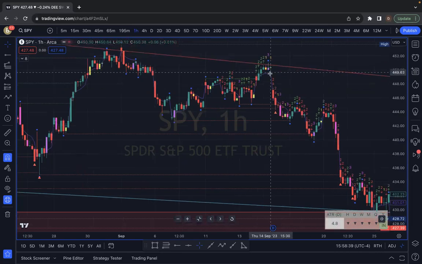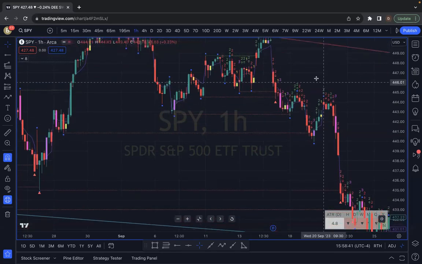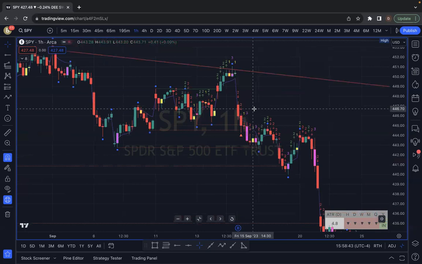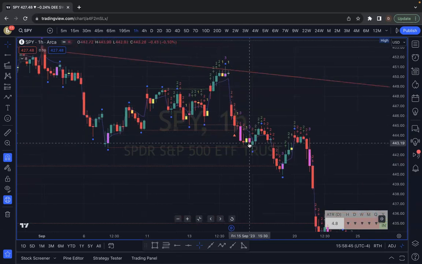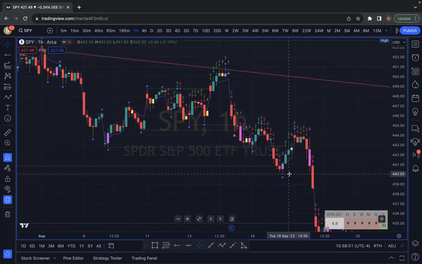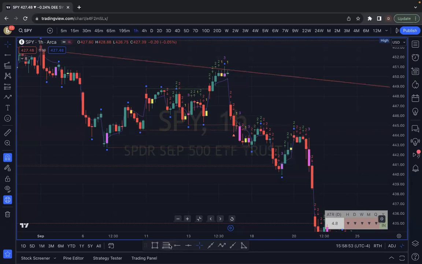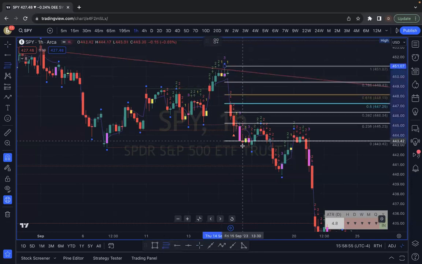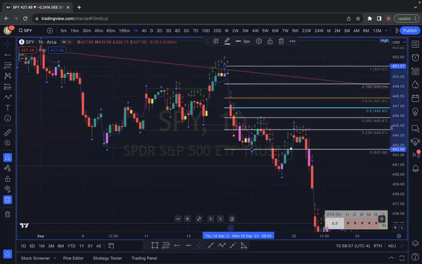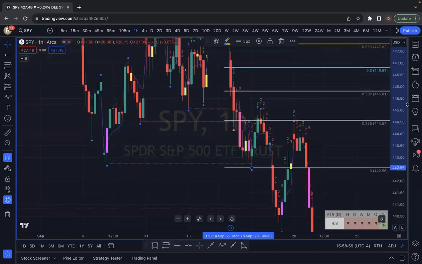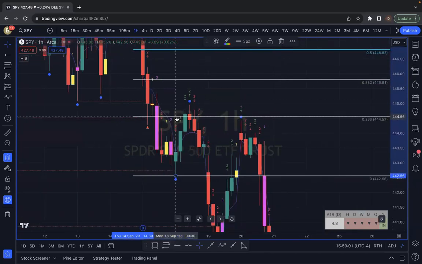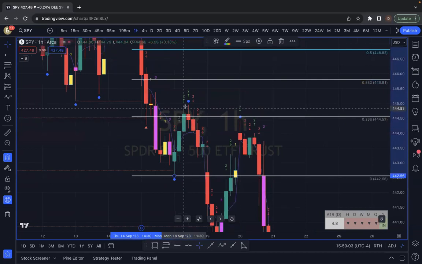So let's say right here we gap down, and I'm on an hourly time frame. Let's say we gap down, and then we started selling off, and I would want to see where could SPY possibly touch before continuing to sell off. I would go from this swing high to this swing low, and we have a 2, 3, 6.